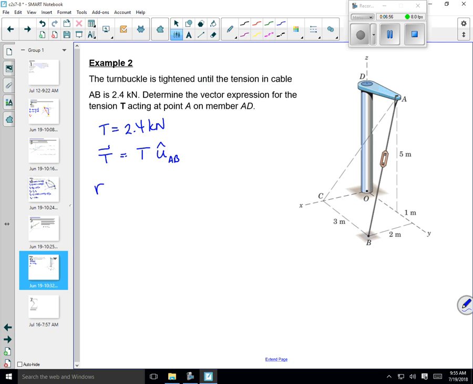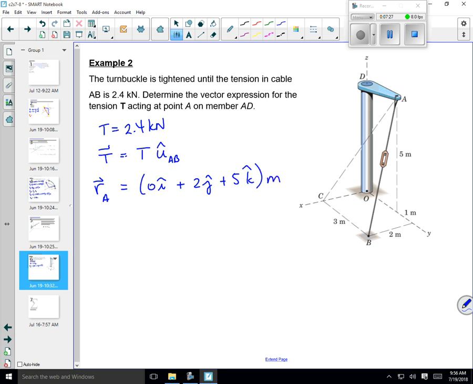So I write down the vector RA, which goes from the origin to the point A. The vector RA is 0 i hat plus 2j hat plus 5k hat.